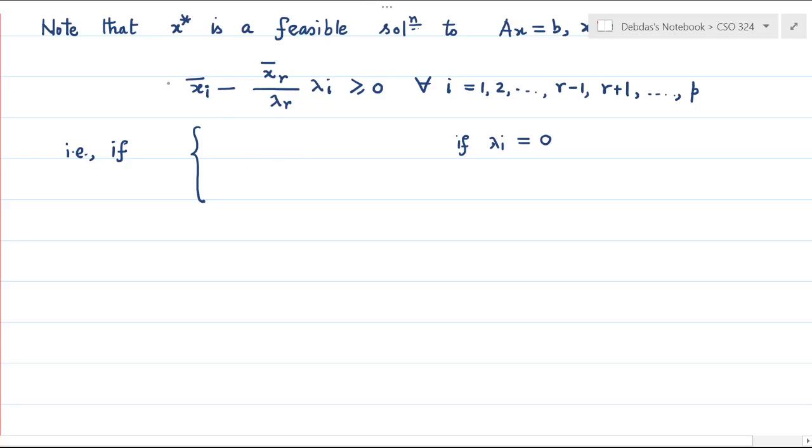And if lambda_i is not 0, it can be either greater than 0 or less than 0.